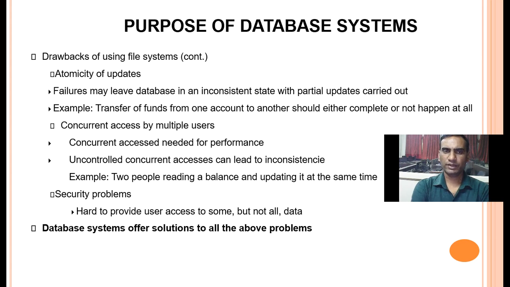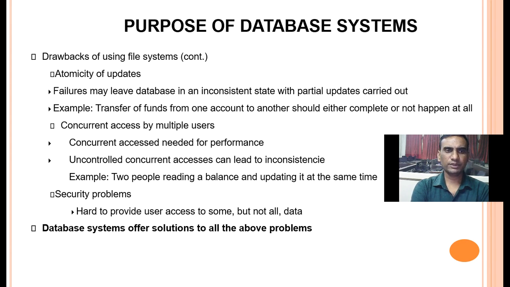But when we use the file system, this atomicity is not possible. It will be lost in between, or you have to adjust the transaction manually. So this is one biggest drawback of the file system.